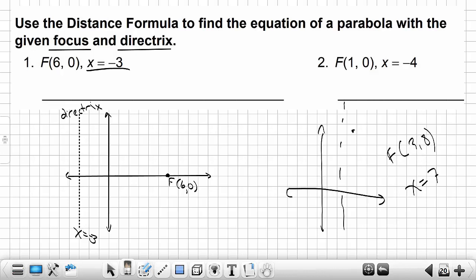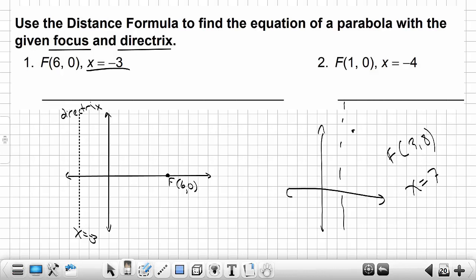The parabola is always the opposite of what the directrix is. So if the directrix is vertical, the parabola itself is going to be horizontal. Here, our directrix is horizontal on this picture, which made our parabola vertical. If your directrix is horizontal, your parabola will be vertical. If your directrix is vertical, your parabola will be horizontal.